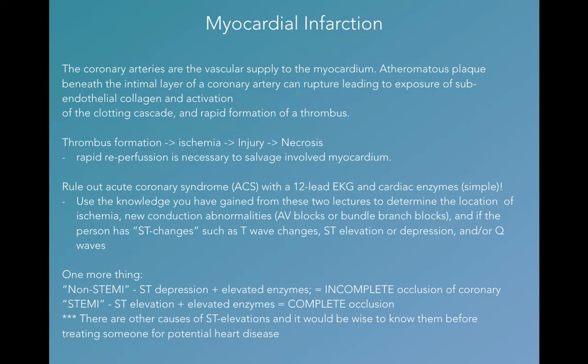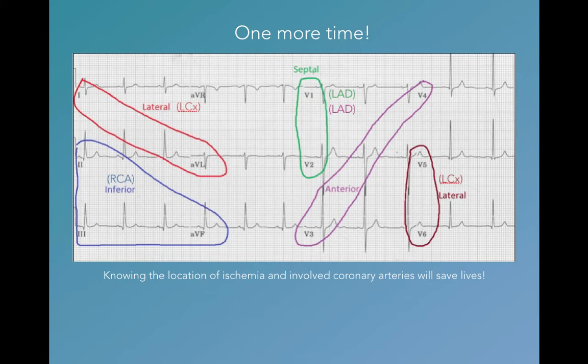I also put in the other things you want to look for, like new conduction abnormalities, any ST changes or T wave inversions or peaked T waves, Q waves. And I already talked about non-STEMI versus STEMI, so you can reread that if you want. And again, this is from the first lecture.